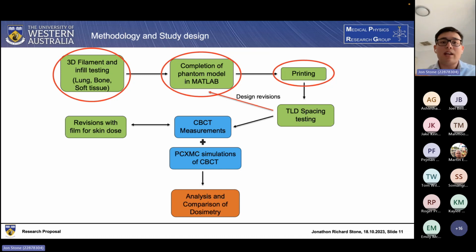The actual HU values, or X-ray attenuation capabilities, of those tissues are calculated using the NIST database with the different kV values for each of those elements. We've analyzed those for a couple of energies, I think from 90 to 120 kV. We need to analyze some more.